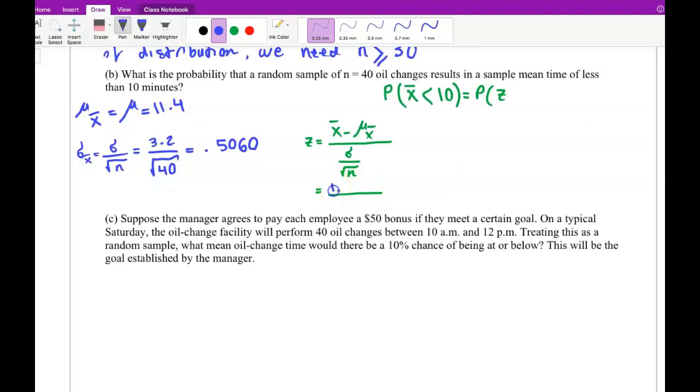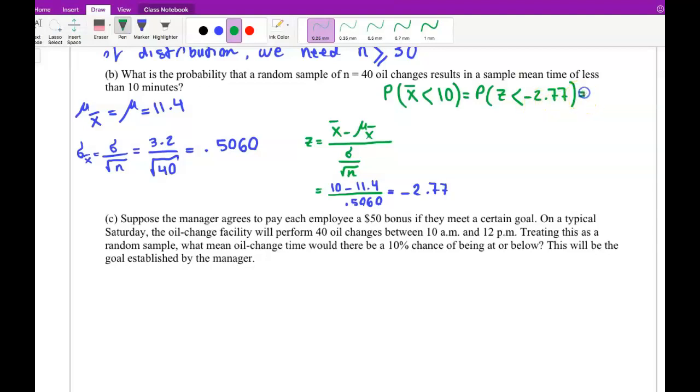So x bar 10 minus mean 11.4 divided by 0.5060. So here it is negative 2.77. Now we have z less than negative 2.77.